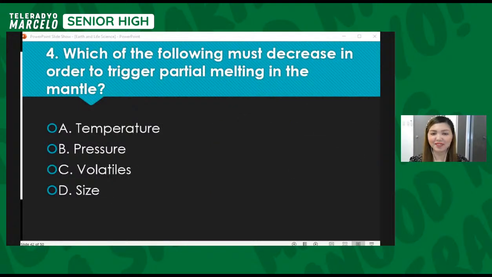Okay, let's move on to number 4. Which of the following must decrease in order to trigger partial melting in the mantle? Letter A, temperature. Letter B, pressure. Letter C, volatiles. Or letter D, size. What is the correct answer?